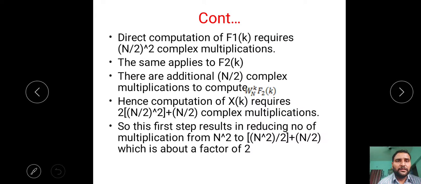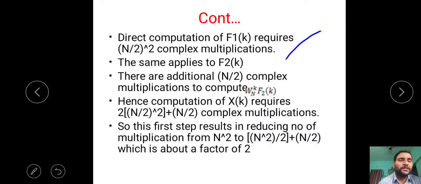Here, direct computation of F1 of k requires (N by 2) whole square complex multiplications. The same applies to F2 of k. There are N by 2 complex multiplications to compute W_N power k times F2 of k. Hence the computation of X of k requires 2 into (N by 2) whole power 2 plus N by 2 complex multiplications. The first step reduces the number of multiplications from N square to this amount.